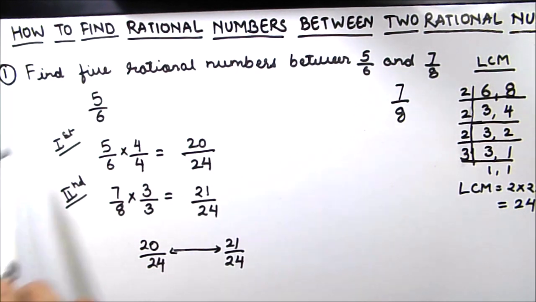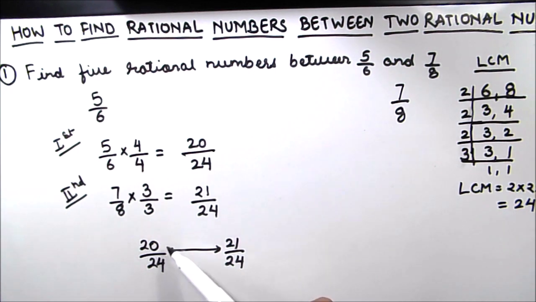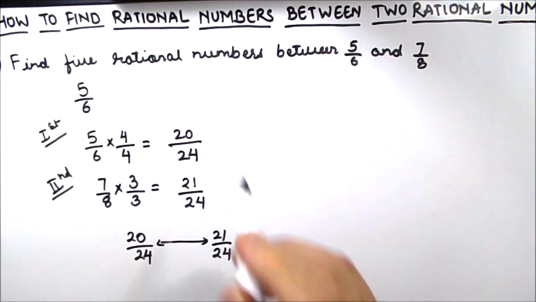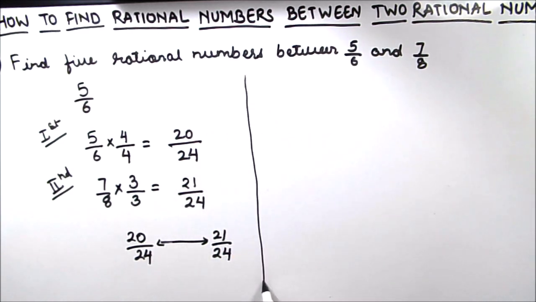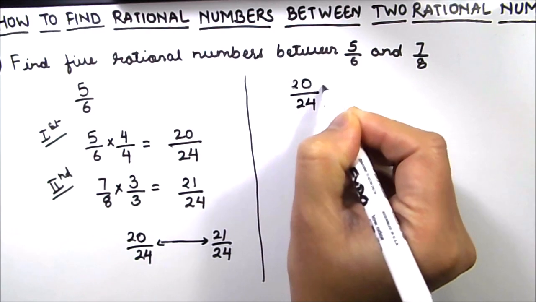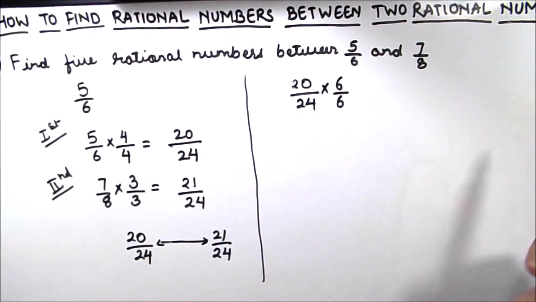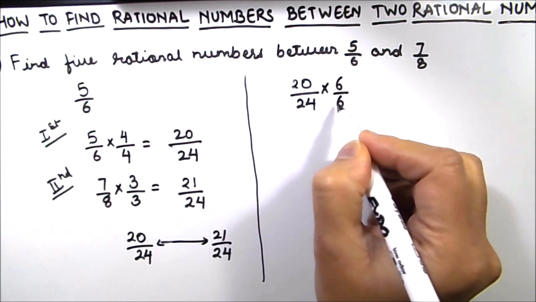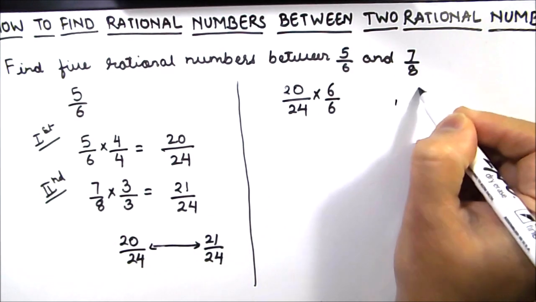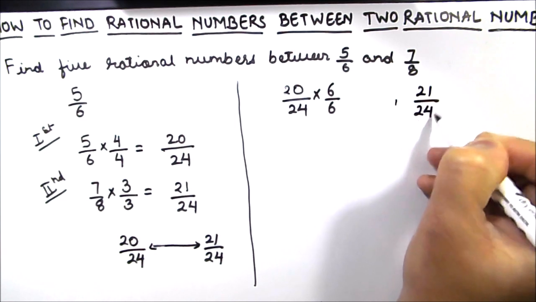So how will we do it? We know that we need to find five rational numbers between the two fractions. So we'll multiply the two fractions by a number which is more than 5. Here we are going to multiply the two fractions by 6 in order to get 5 fractions in between. So this is 20 by 24 times 6 and the other fraction is 21 by 24 times 6.